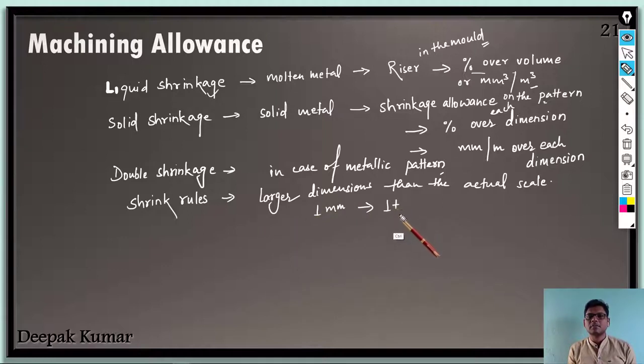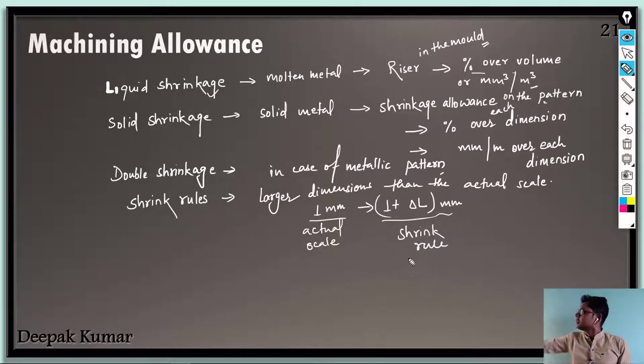Actually it will be 1 plus some additional dimension in millimeters. So this is the actual dimension on the actual scale, but it is different on the shrink scale or shrink rule. That's about it.